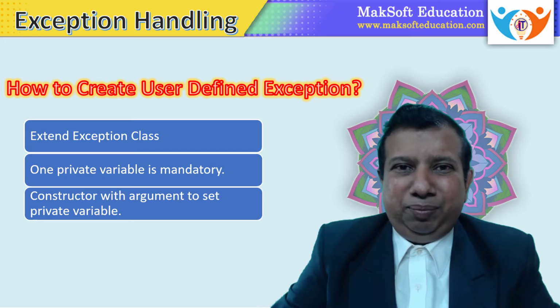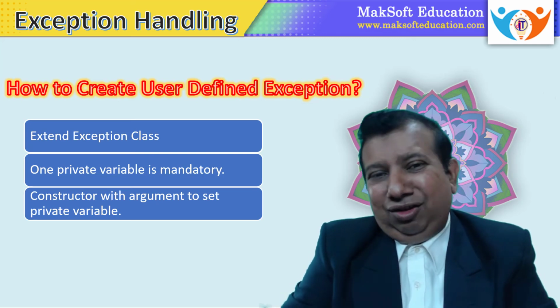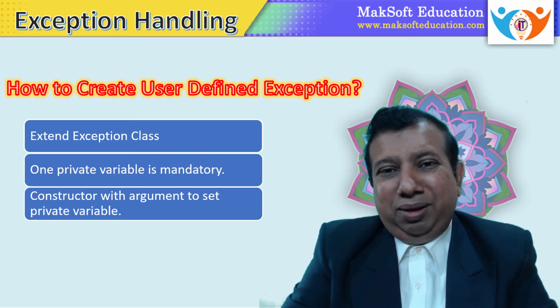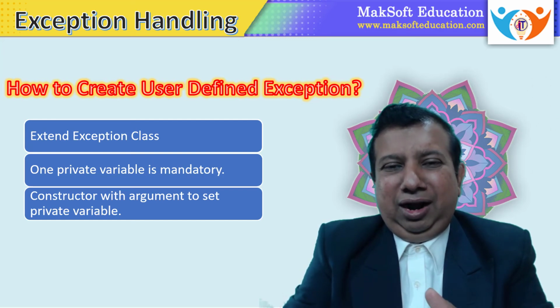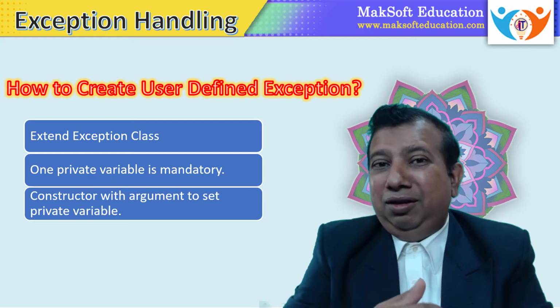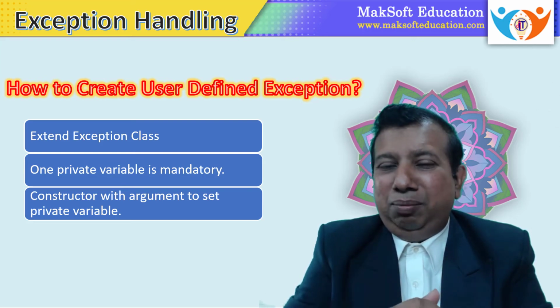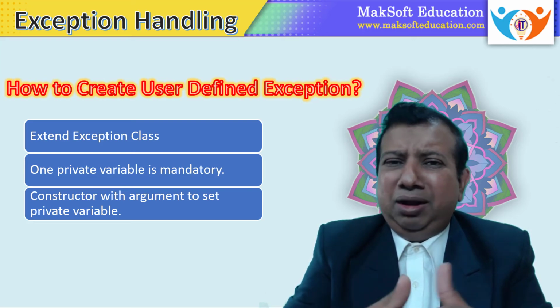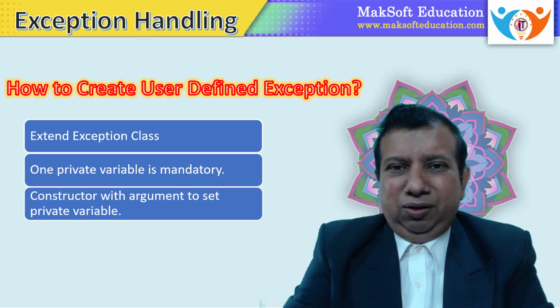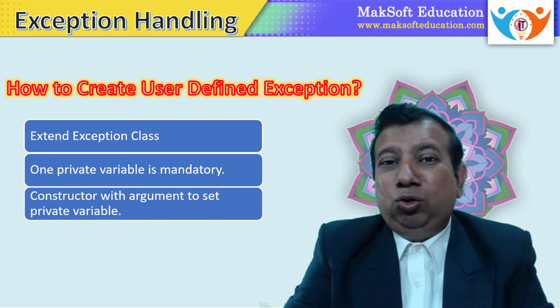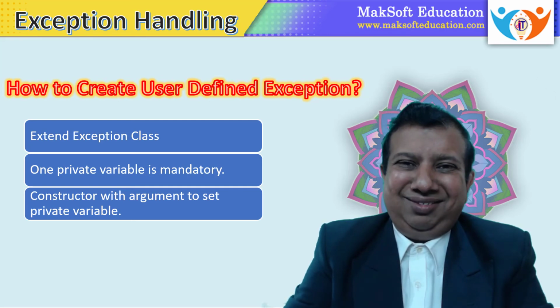But one more rule is there. Generally, when we are catching the exception, we display the reason. We caught this particular exception, and the reason is already available inside the object created by the throw statement or by Java, and we directly put the name. Internally it calls the toString method of the Exception class.